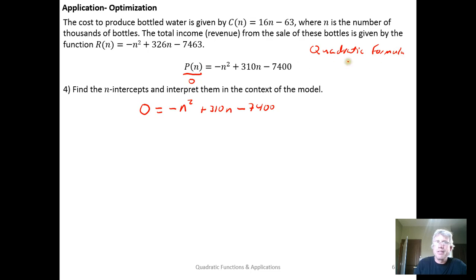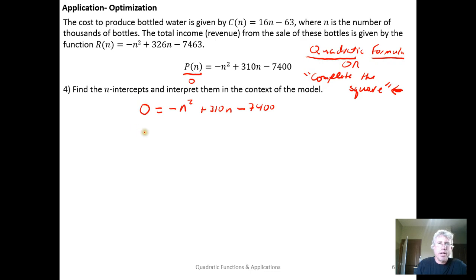Or alternatively, I can complete the square, which of course is, as always, everybody's favorite way to do it. Everyone loves to complete the square. So you can guess that I'm going to probably complete the square because I know that people know how to do the quadratic formula.